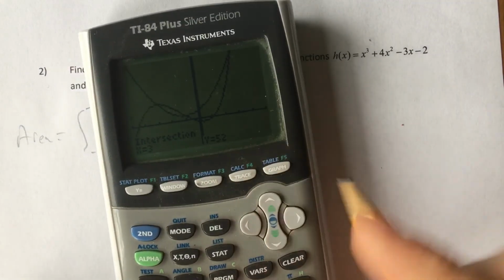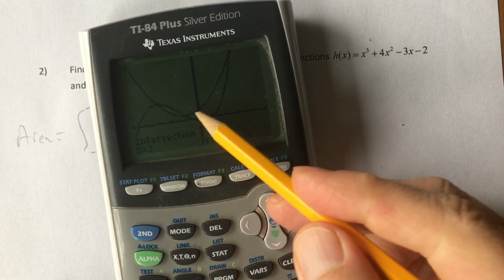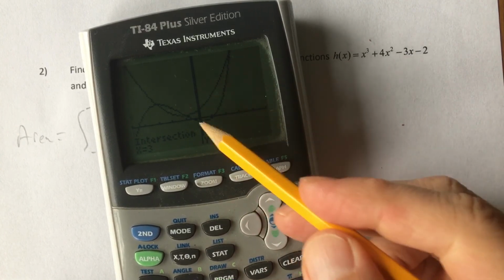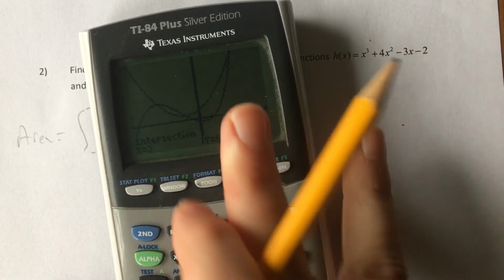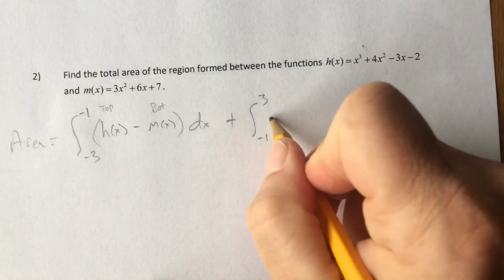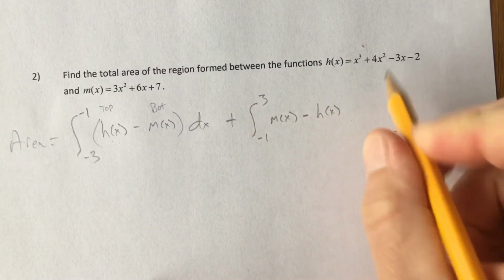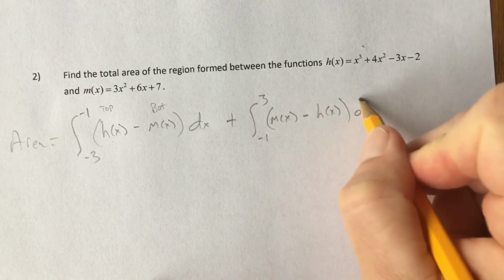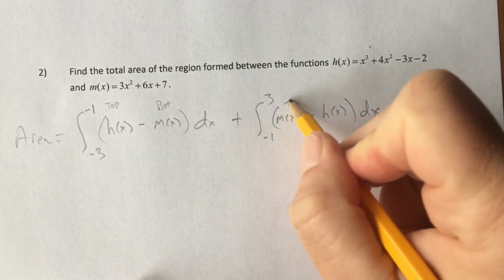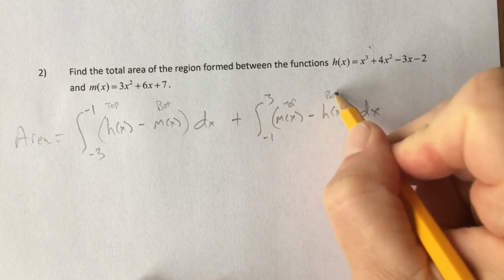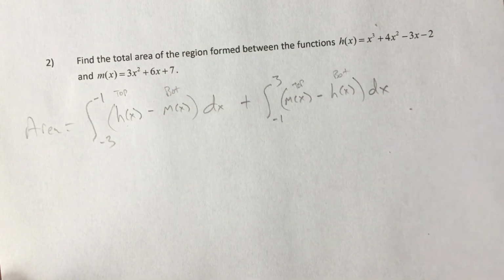The thing about this section is that the quadratic is now the top function and the cubic function is the bottom. So I want m of x minus h of x, the cubic, dx. So in that area, they actually flipped over.